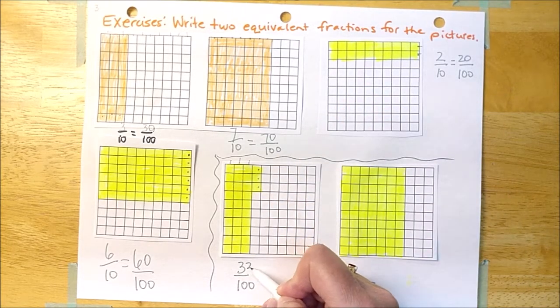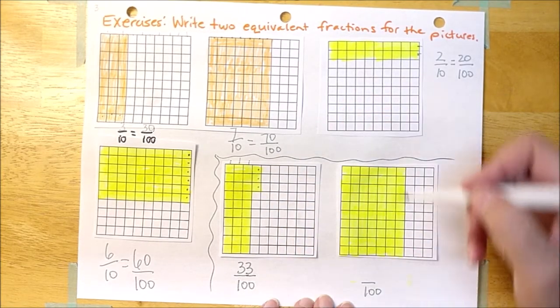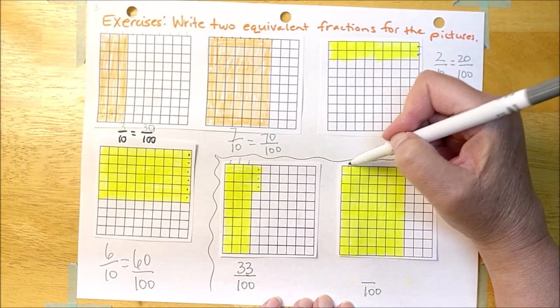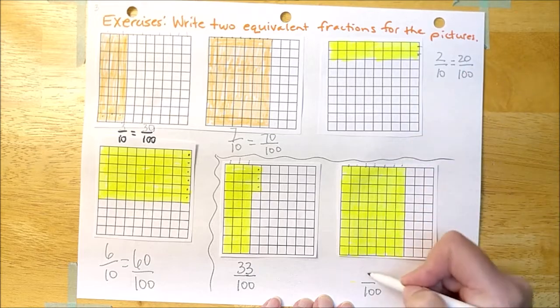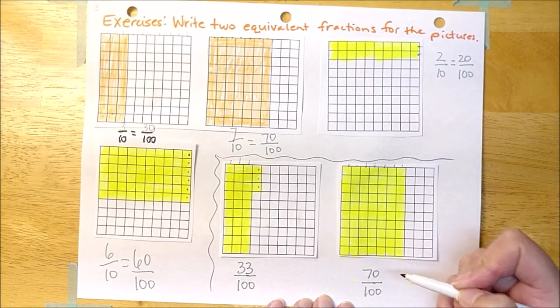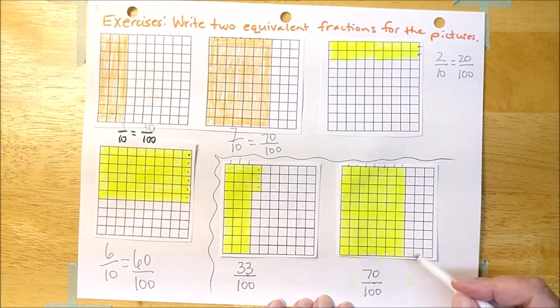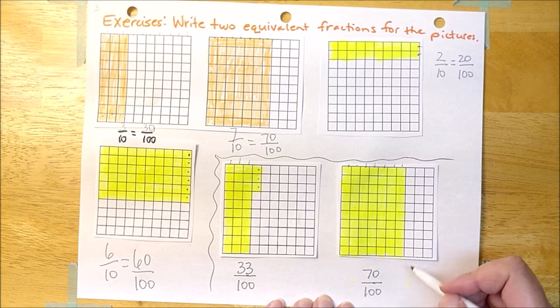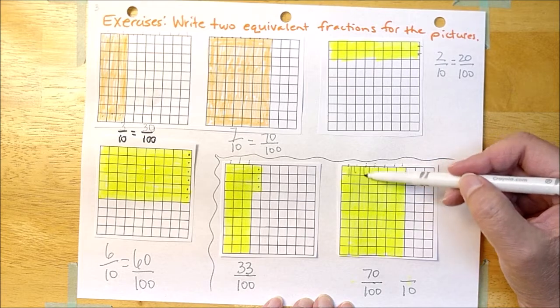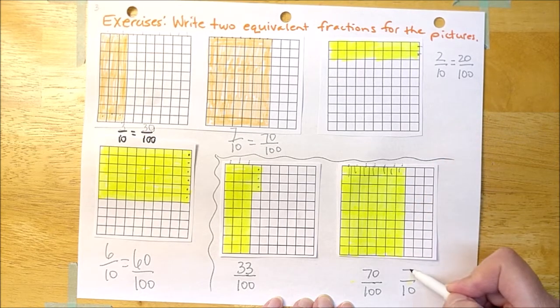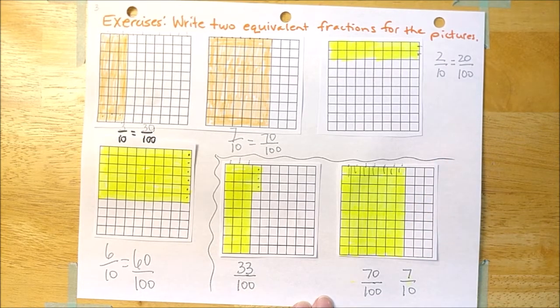I have 33 of them colored in. On this chart I have 10, 20, 30, 40, 50, 60, 70 of them colored in. And there's another way we could say this chart. We could say how many tenths of it are colored in. 1, 2, 3, 4, 5, 6, 7 tenths. We can't say that with this one though.